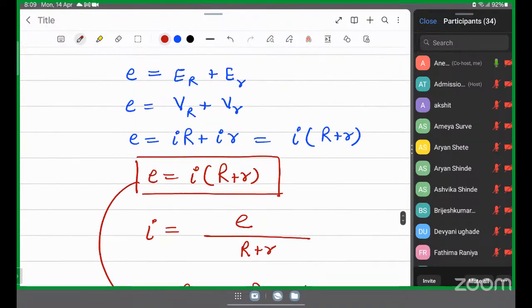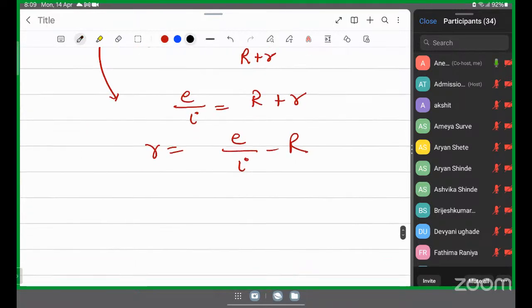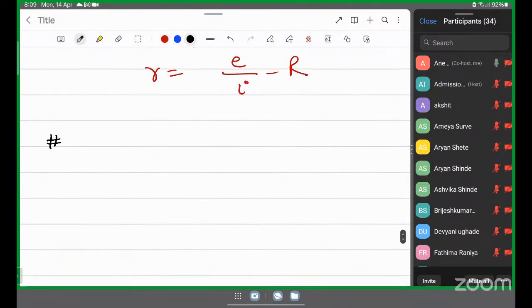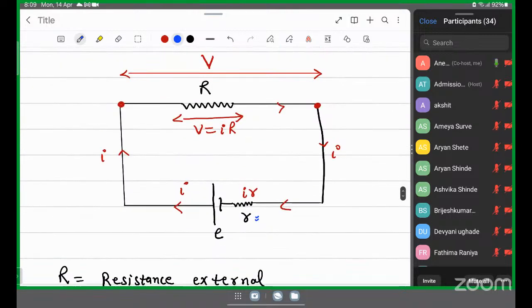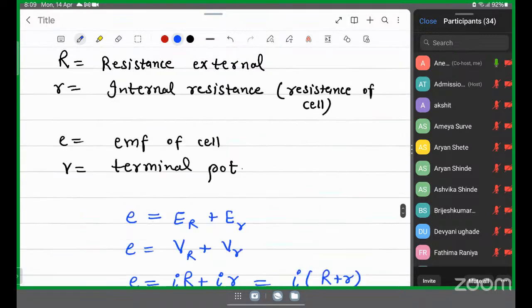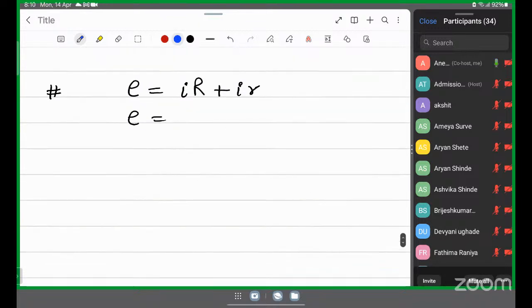The same relation can also be given in a different format, in terms of terminal potential. If we have EMF E is equal to I into capital R plus I into small r, in this relation, I into capital R is known as terminal potential V. So in place of I into capital R, we can have terminal potential capital V plus I into small r.